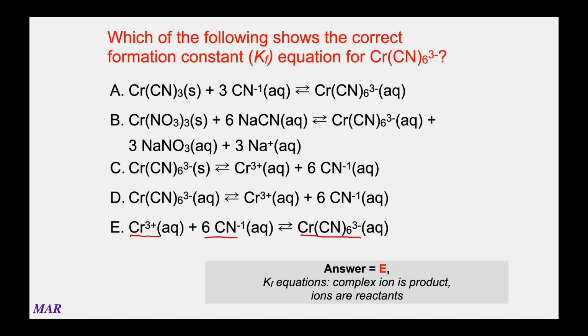There was no mention of solids, so a lot of these are honestly kind of silly. Answer D would be more like a Ksp expression. It's the opposite of what we need here. In a Ksp, the solid would be the reactant and the ions that go into it are the products. But for formation constants, Kfs, you want to have the complex ion be the only product, and whatever is needed to go into it will be the reactants.